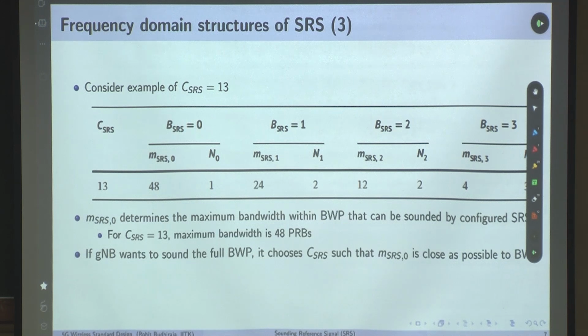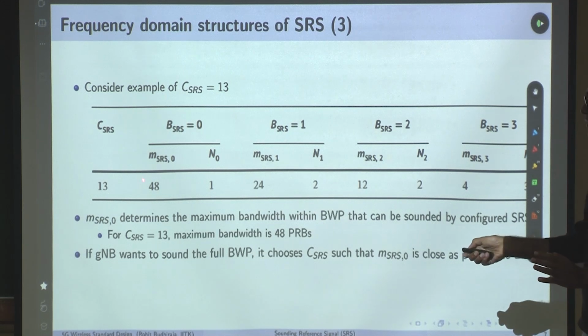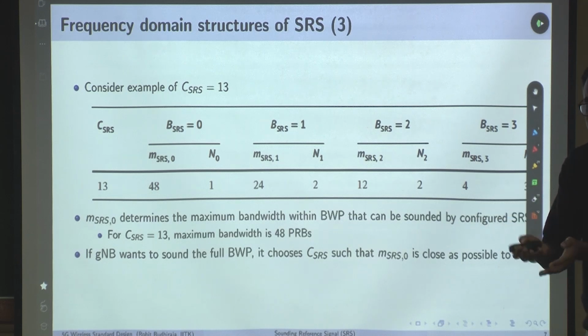In this case, it could happen that 48 PRBs is the complete bandwidth part also. I am not saying how much the complete bandwidth part is. I am only saying that for the example I have taken, it wants to sound out 48 PRBs.